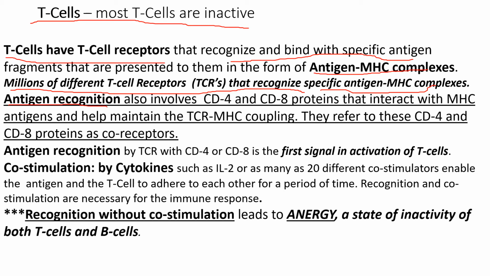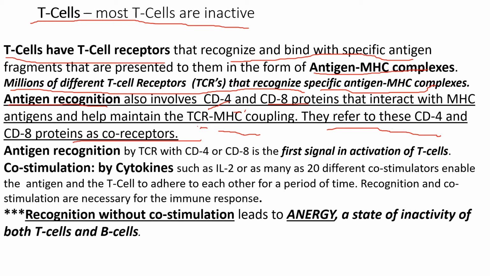Antigen recognition also involves CD4 or T helper cells and CD8 cells, or the T killer cells, or cytotoxic cells. They interact with those MHC antigens and help maintain the T cell receptor MHC coupling. They refer to these CD4 and CD8 proteins as co-receptors.